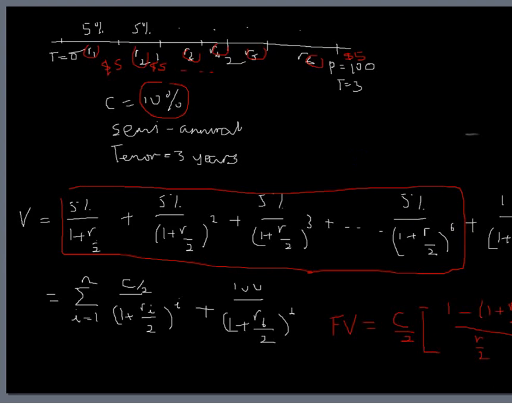Okay, so let me write another example where instead of having the coupon being paid, say semi-annually, let's imagine that the next coupon happens in 1 month's time. So t equals 0. We have the next coupon, t is equal to 1 month, which is 1 over 12 years.